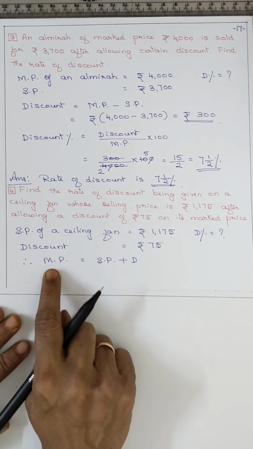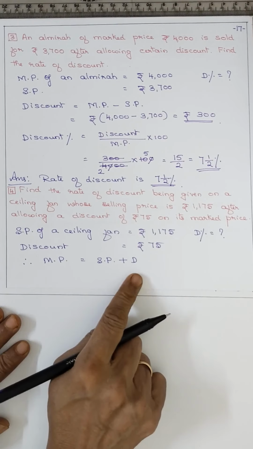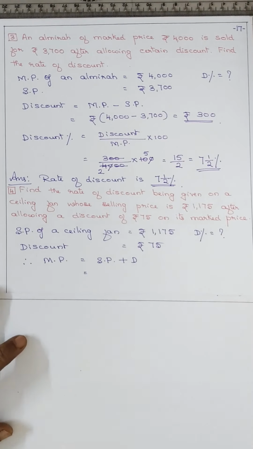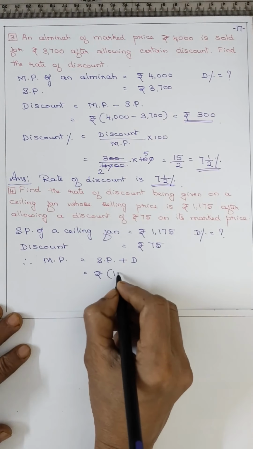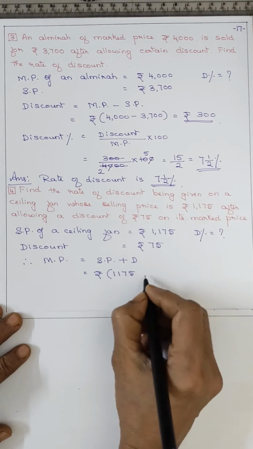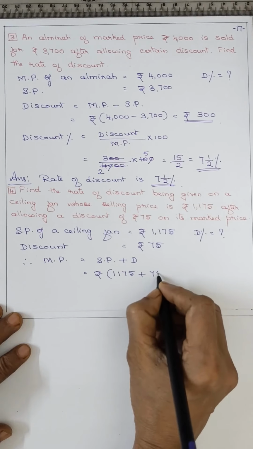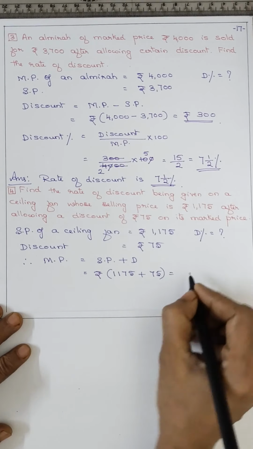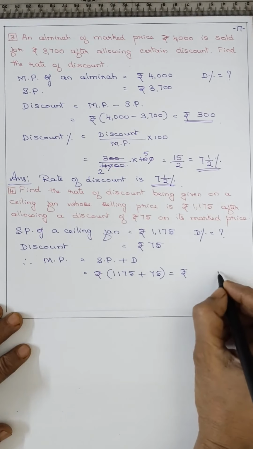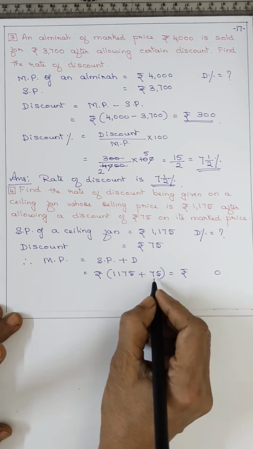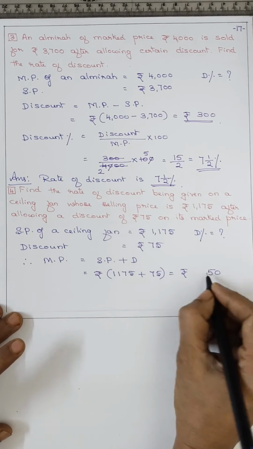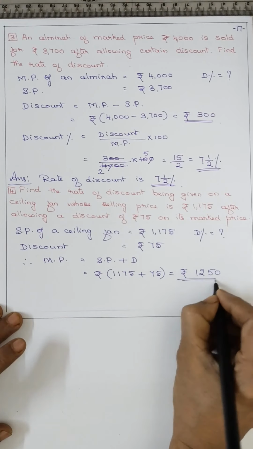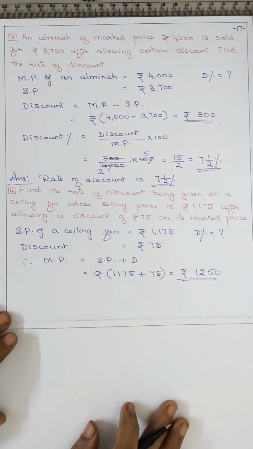So MP is equal to SP plus discount. So what is the SP? It is rupees 1175 plus discount is 75. Add 5 plus 5 10, 7 plus 7 14 plus 1 15, 1 plus 1 2 and 1. Now you got the MP.